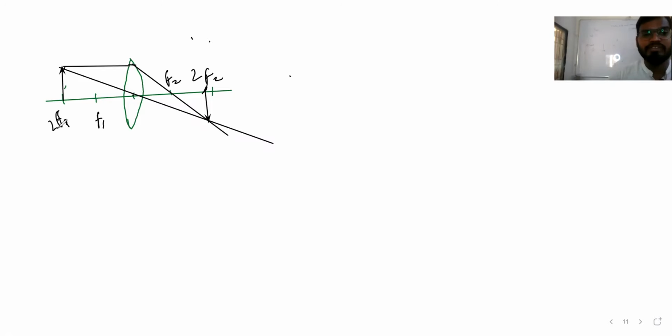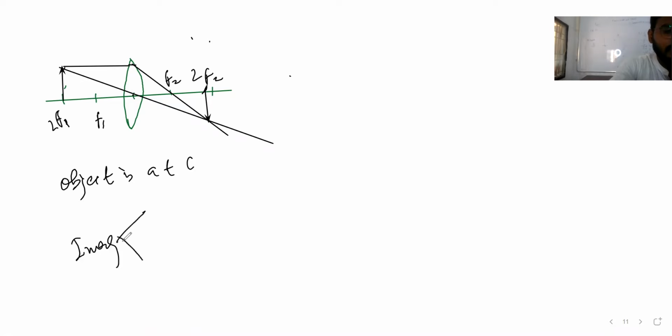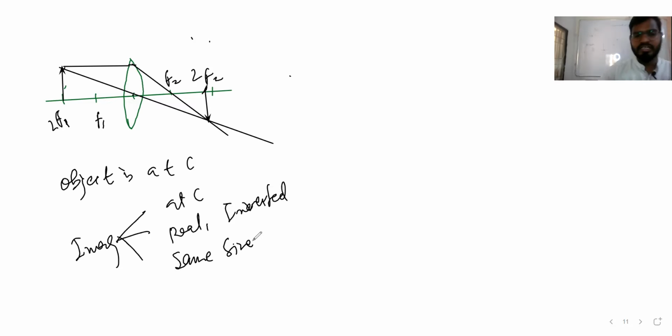See, it is forming at what? If the object is at C, then the image is also forming at C. So the object is at C, the image is also formed at C. Real, right? Inverted. And then the same size, right? Same size. Now, same thing, guys, there is no change in this. You will get the same thing here as in the mirror we did.